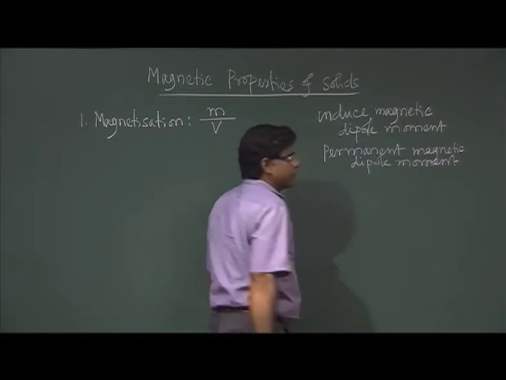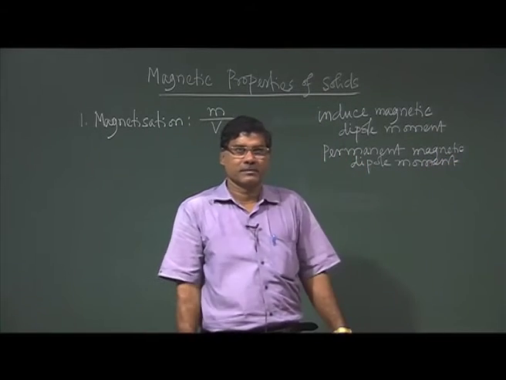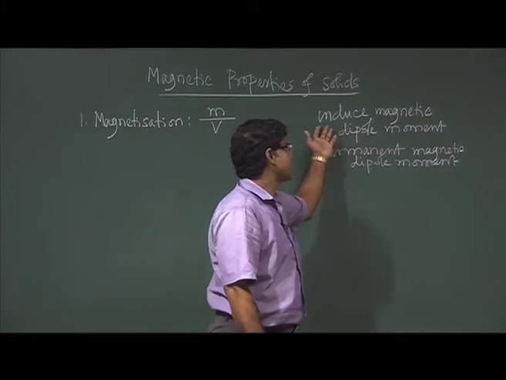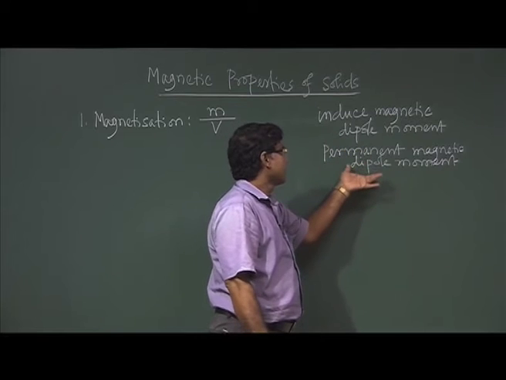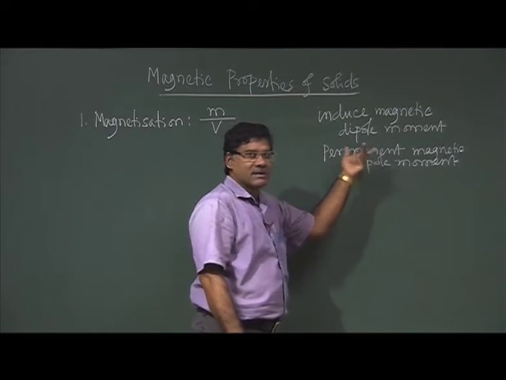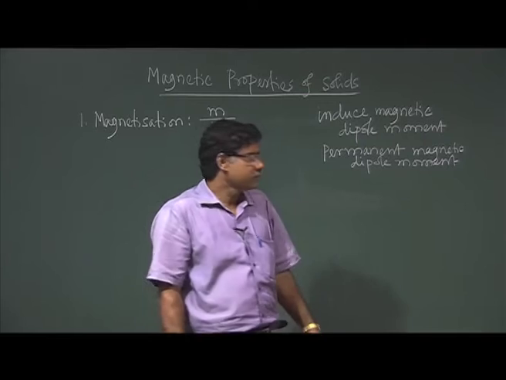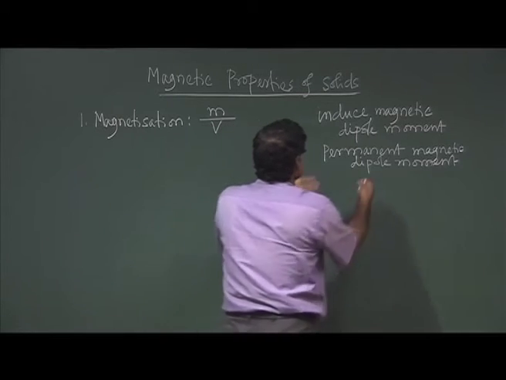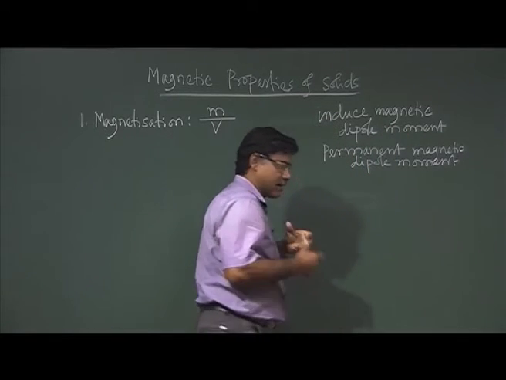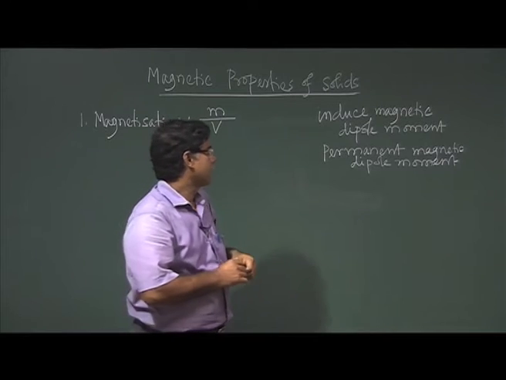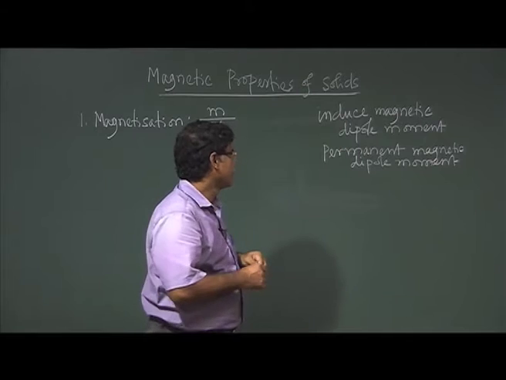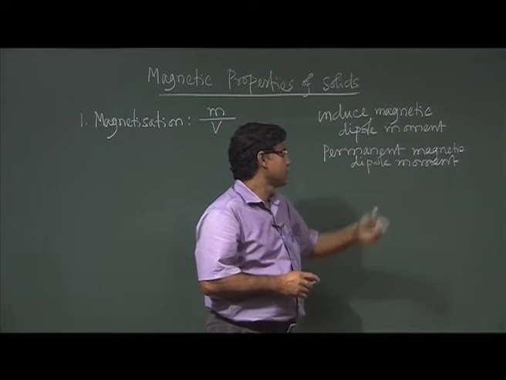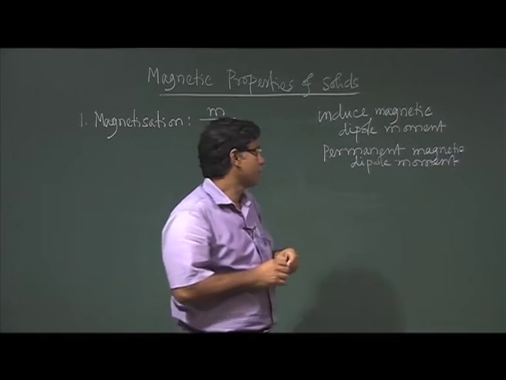We say magnetic dipole moment because another kind of dipole moment is there, that is electrical dipole moment, okay. That we will see in case of dielectric material. So, in magnetic material, there are dipole moments. It can be induced dipole moment or permanent dipole moment, right.